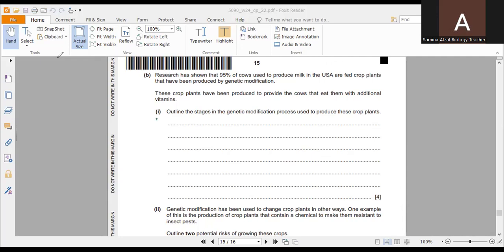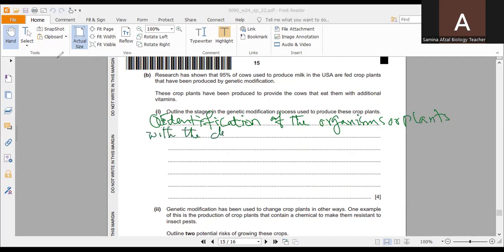So first step is identification of the organisms or plants with the desired genes.